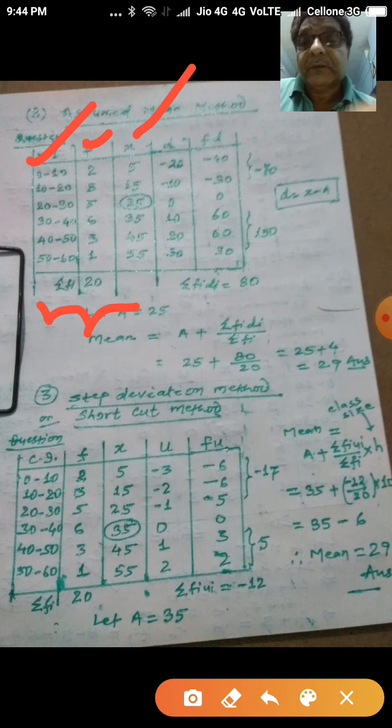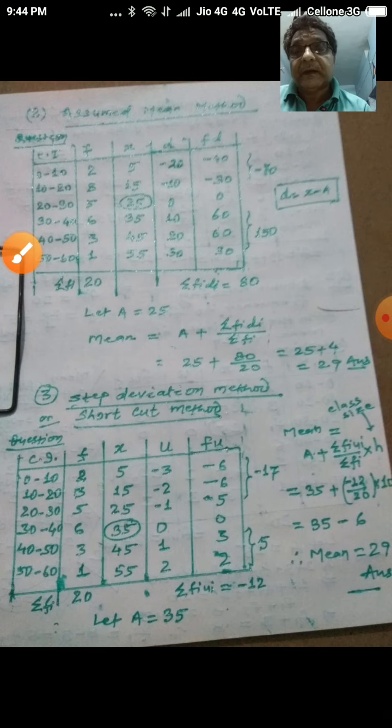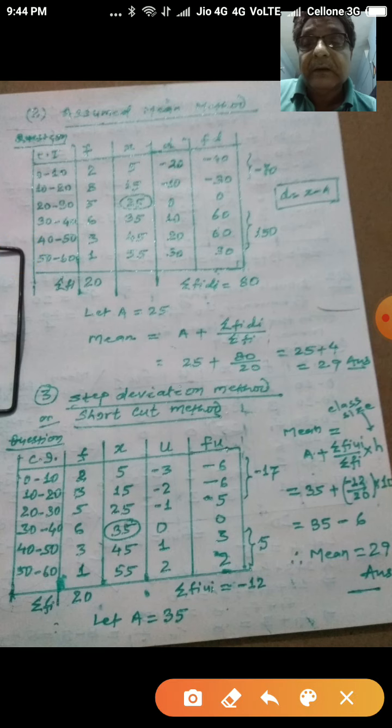So in this way we find x. Among these x, from the middle we take any one value, which is encircled here. You see 25 has been taken, and it is supposed as the assumed mean having symbol a. So let a equal 25.